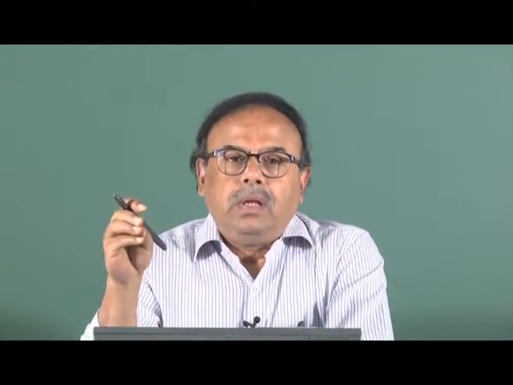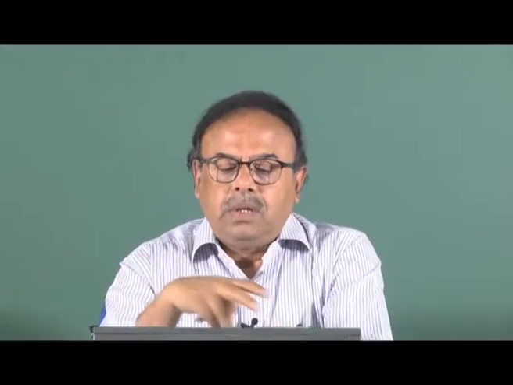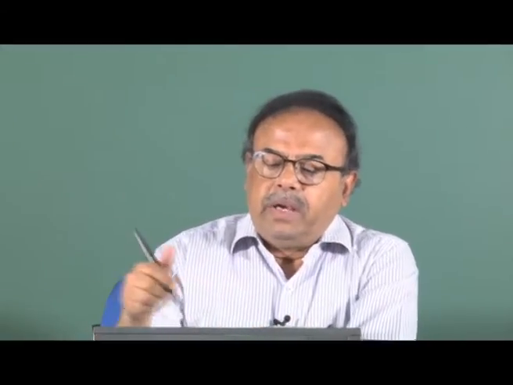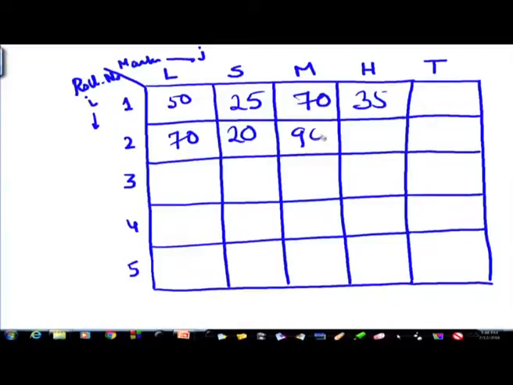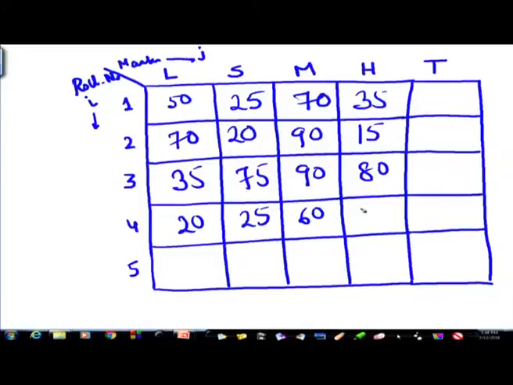First of all from my main program I called a particular function which acquired the data and filled up all these, say 70, 20, 90, 15, 35, 75, 90, 80, 20, 25, 60, 30, 10, 20, 30, 40, like that the data has been prepared.